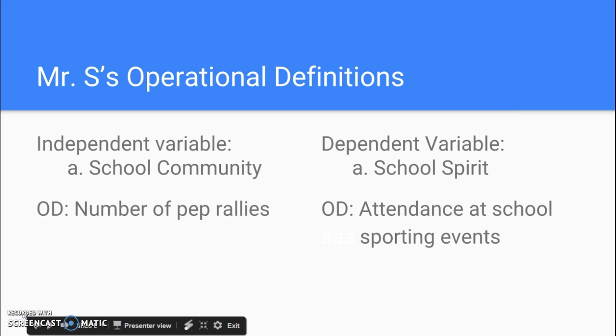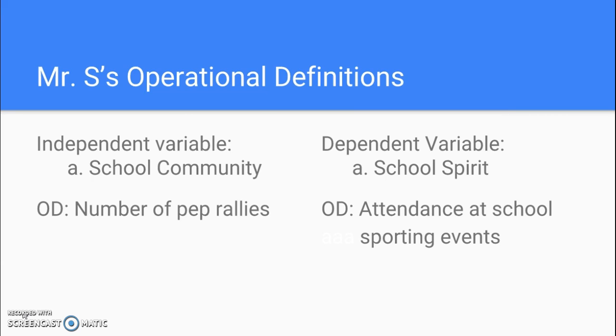So again, I've gone from naming my independent variable as school community to an operational definition of the number of pep rallies that a student will attend.